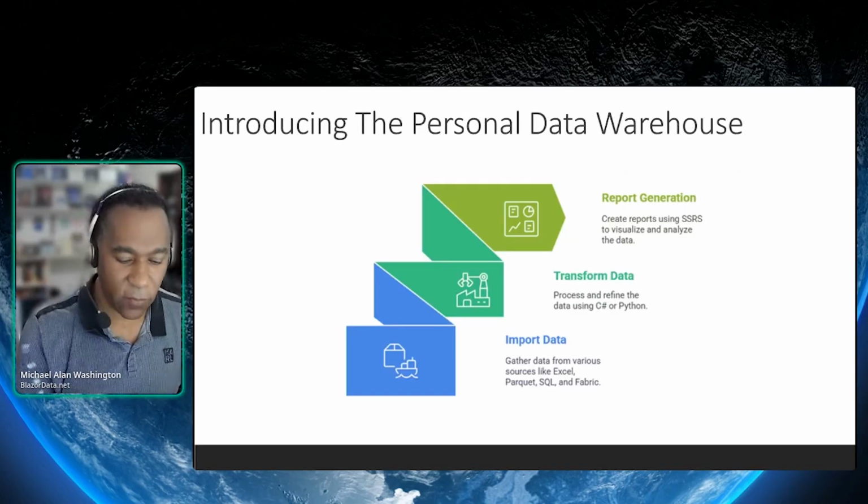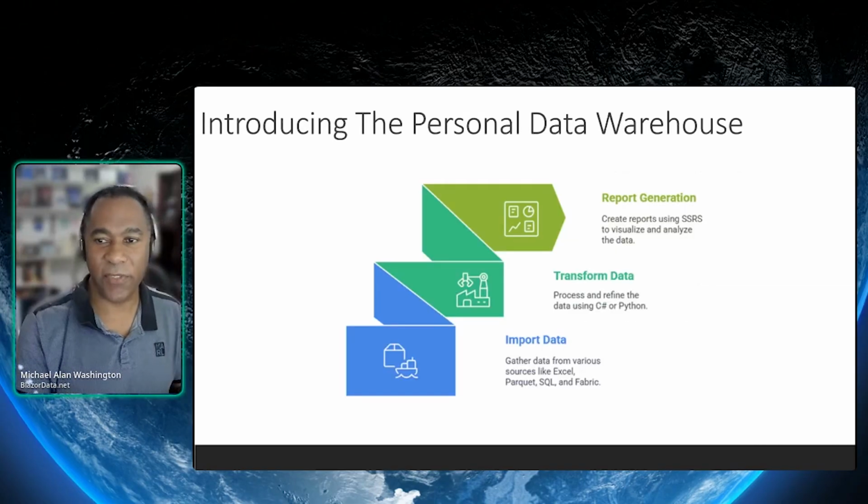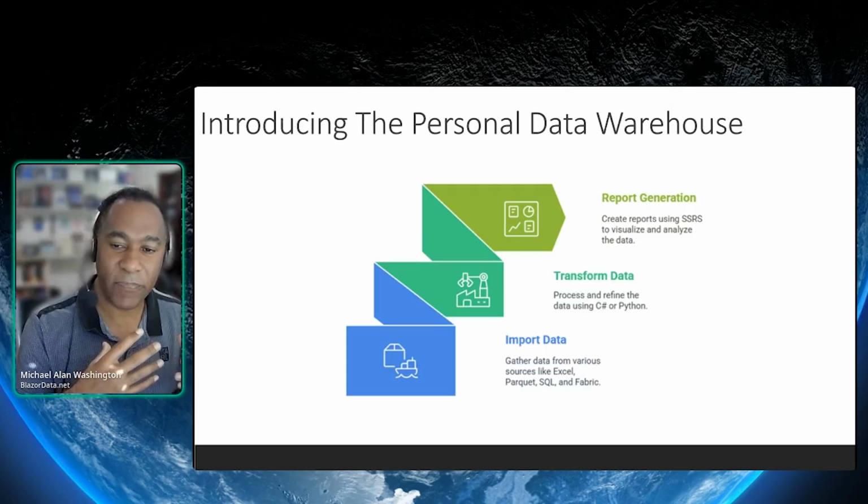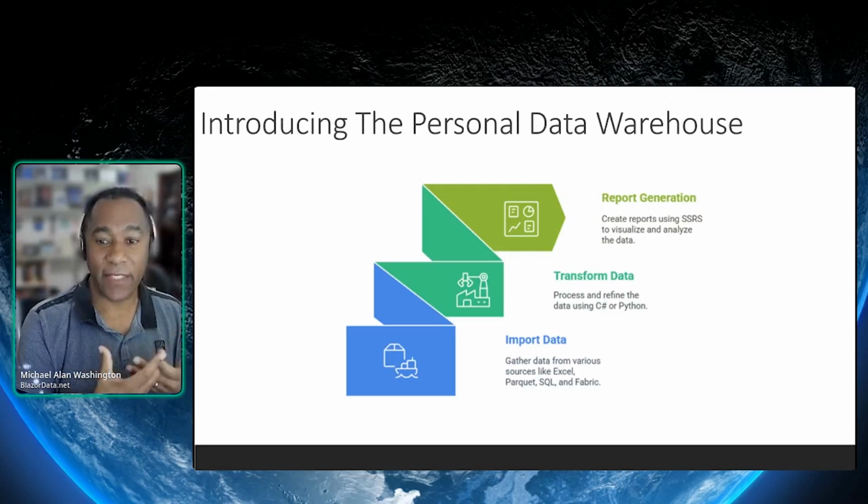Okay, so with all that out of the way, let's go ahead and dive into the personal data warehouse. So with the personal data warehouse, looking at data in this way, I created the application and looking from the bottom to the top, importing data. There's a way to import the data, whether it's through SQL Server, Excel workbooks, CSV files, simple text files. The next thing is the transformation, and that's the big part.